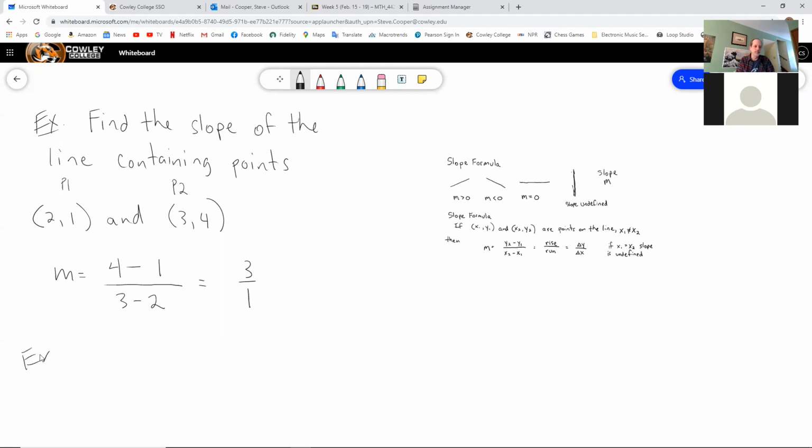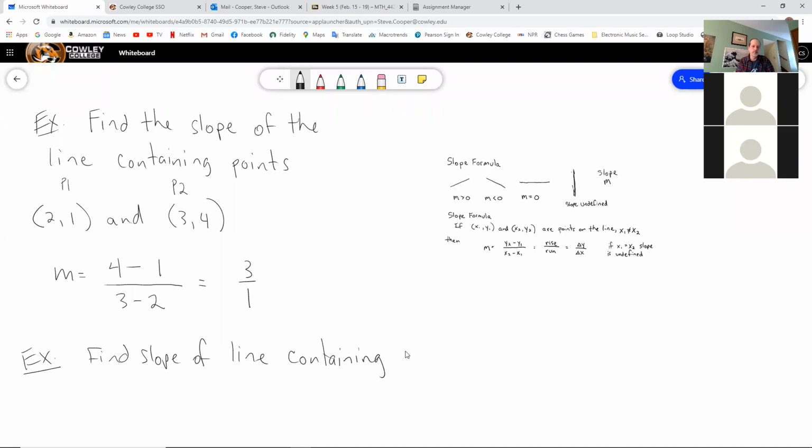Another example, let's say this time it's going to contain the points 5, 3, and 5, negative 2.